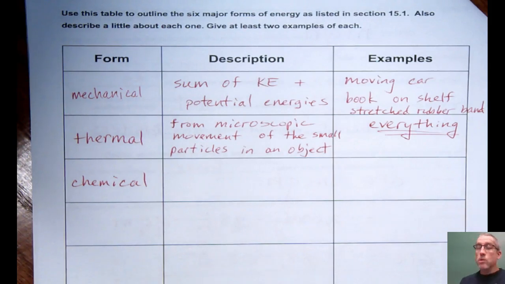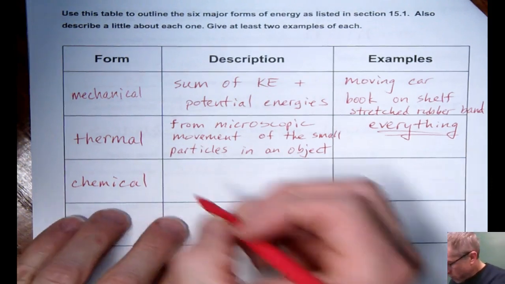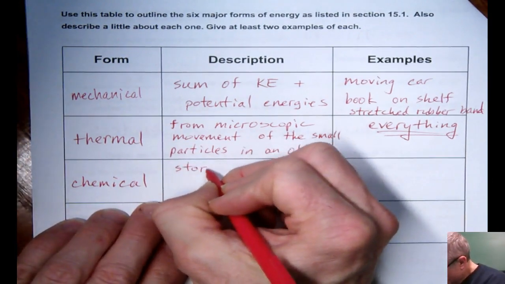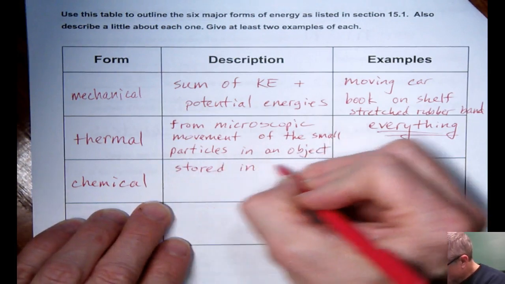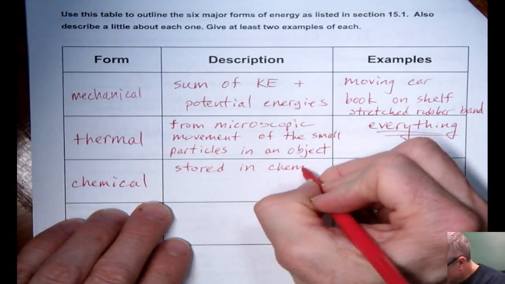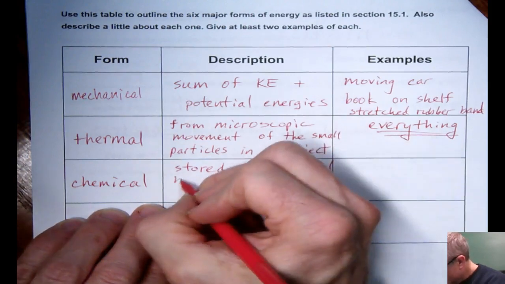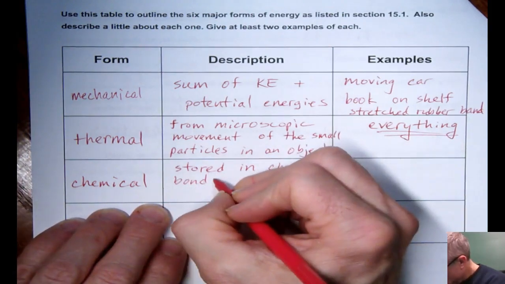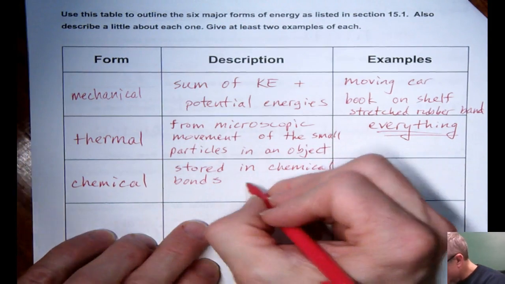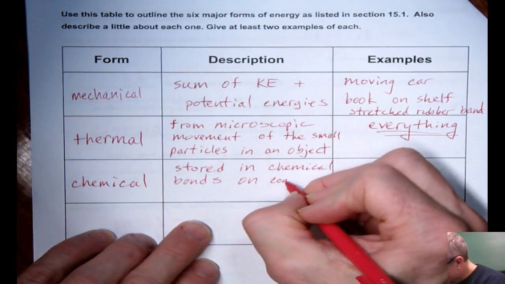When we have an explosion, it's because of a chemical reaction, or things that get hot or things that get cold, it's because of the chemical energy that is stored in the chemical bonds. And perhaps when those bonds are broken, we have to put some energy in to break the bonds. So we'll describe the chemical energy as stored in the chemical bonds of compounds.